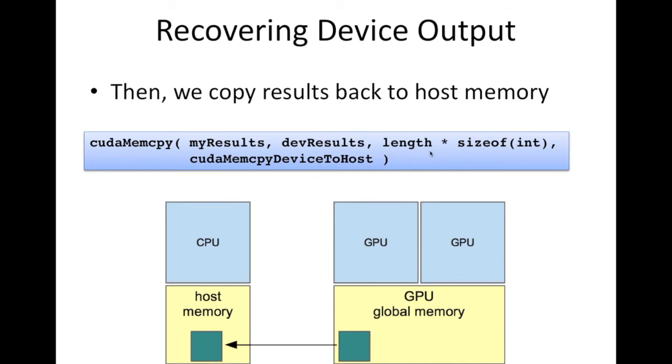The size parameter is the same, so how many bytes do you want to copy? But the source and destination are reversed. So if you're copying from device to host, this first parameter better be a pointer to some block of host memory, and the second parameter better be a pointer to some device memory.